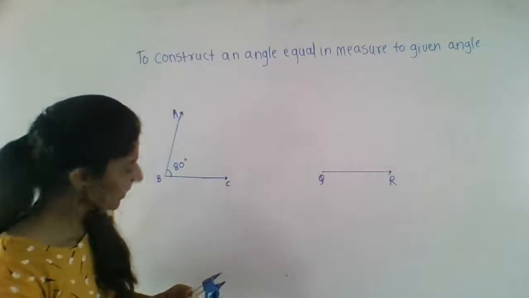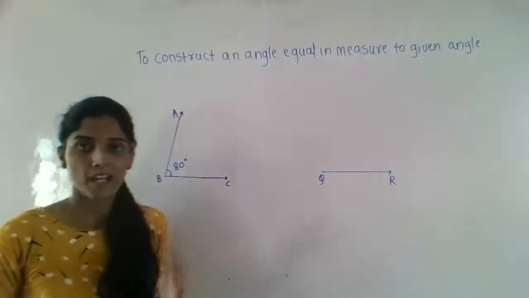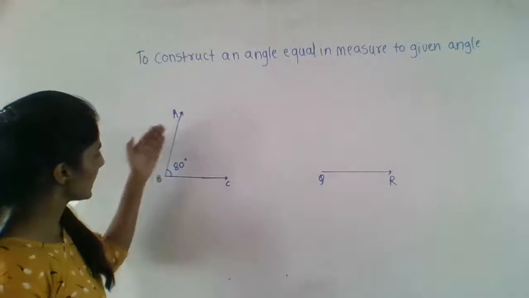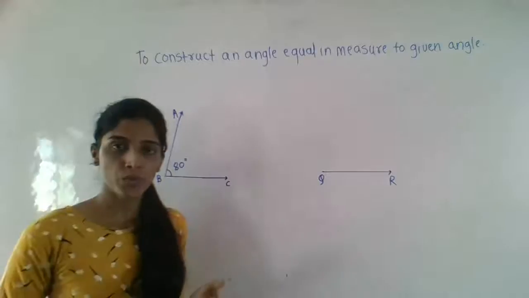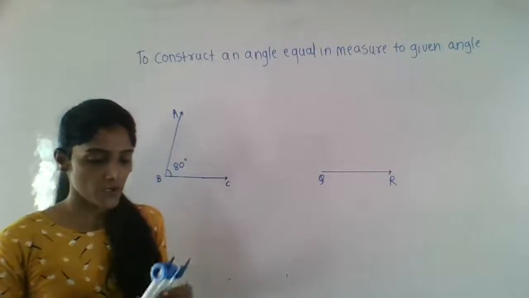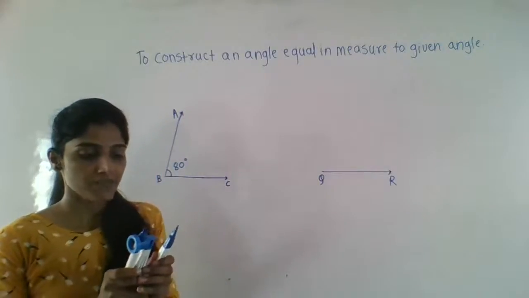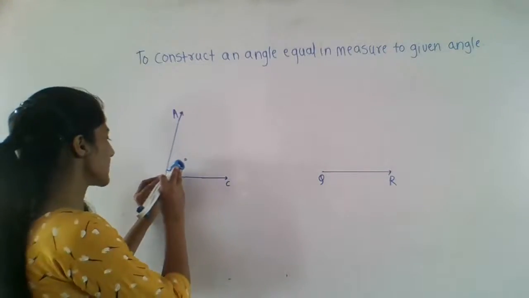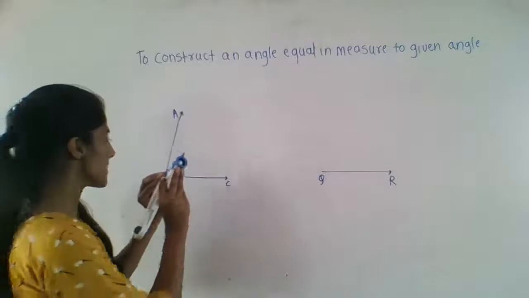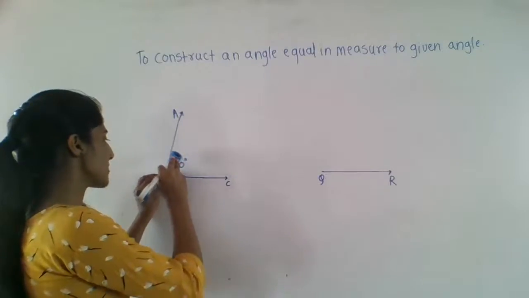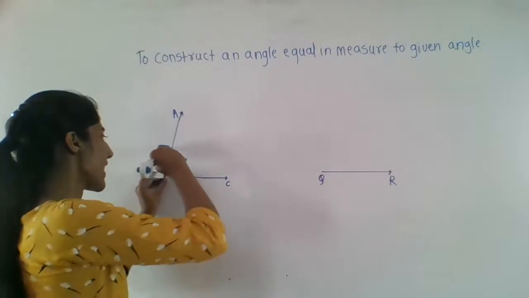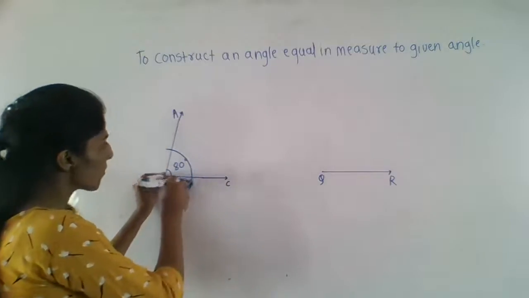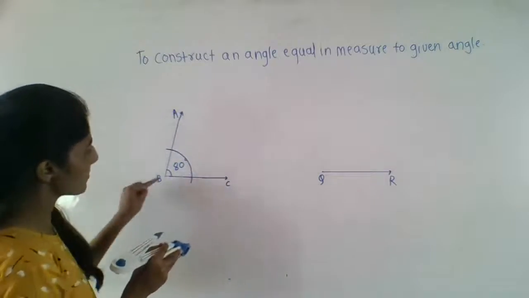The first step is to draw an arc which cuts the rays BA and BC at two different points. For drawing an arc, take any convenient distance, place your point on vertex B and draw an arc which cuts both rays BA and BC.